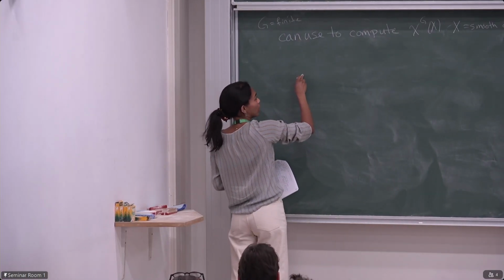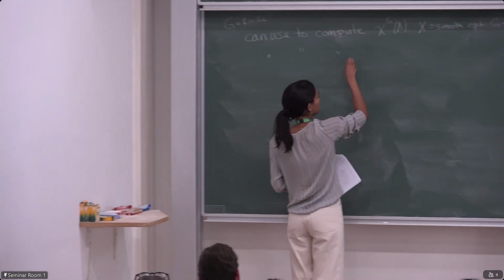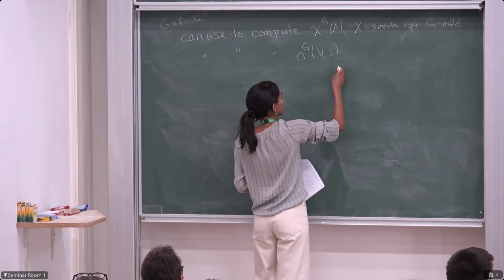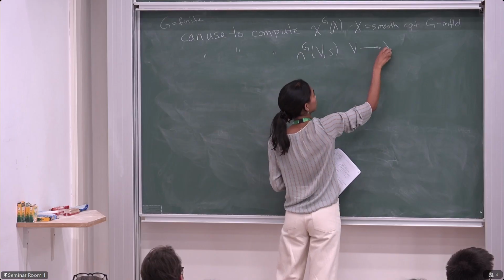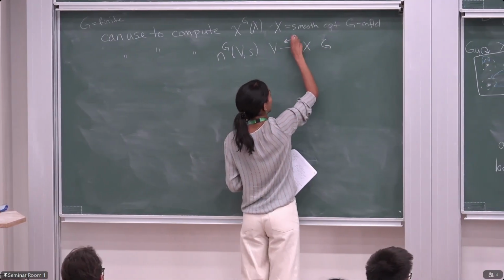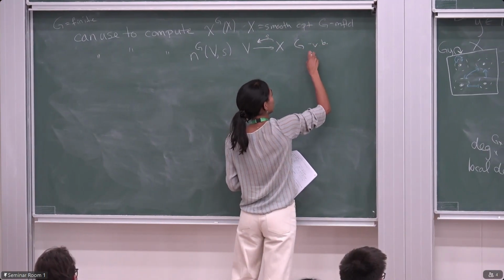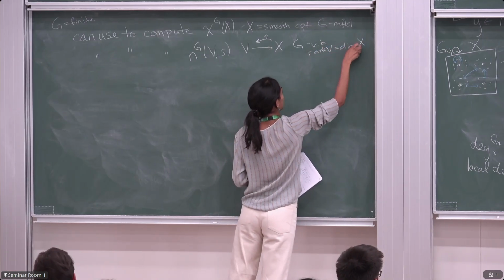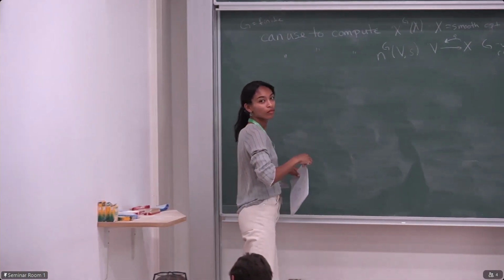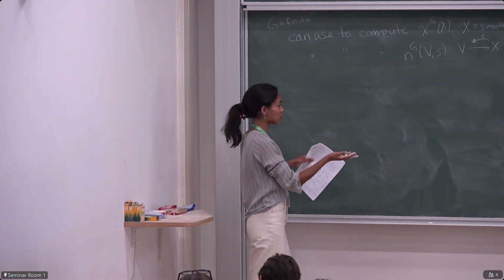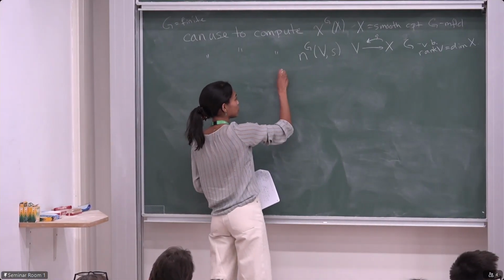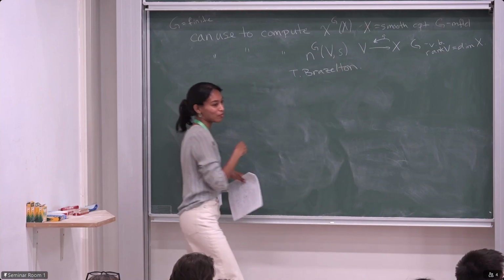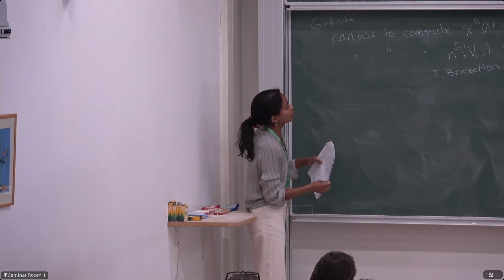You can also use it to compute the equivariant Euler number of a vector bundle with respect to a section, some equivariant vector bundle of rank the same as the dimension of X. Maybe I won't actually define this, but this is a construction due to Thomas Brazelton, a good friend of mine and a great mathematician.